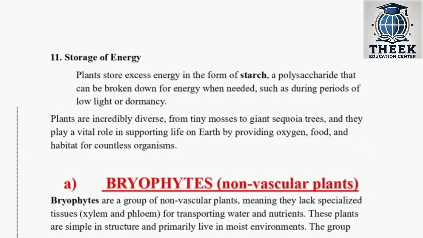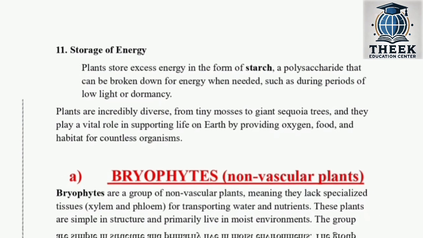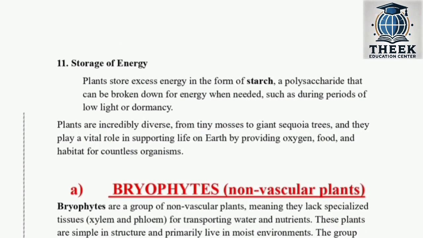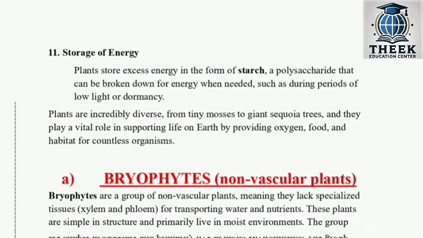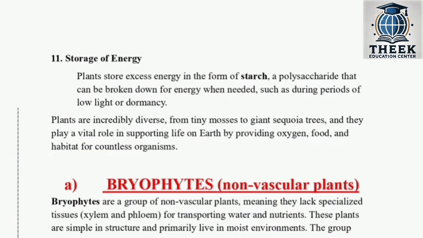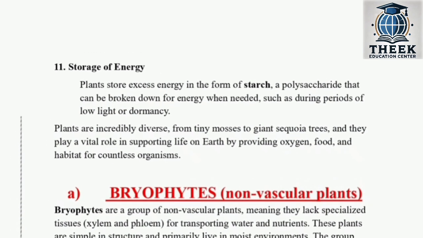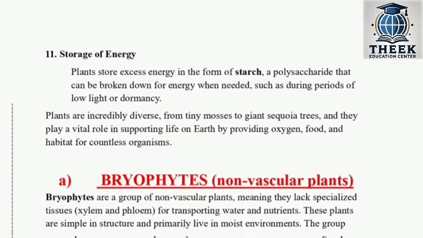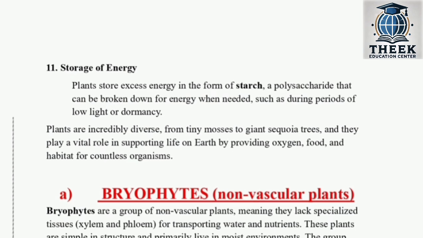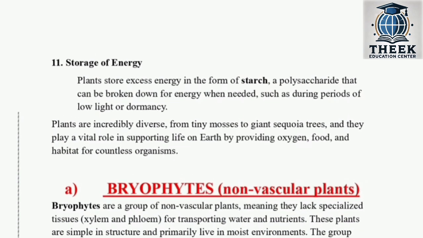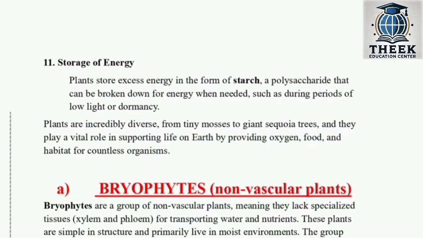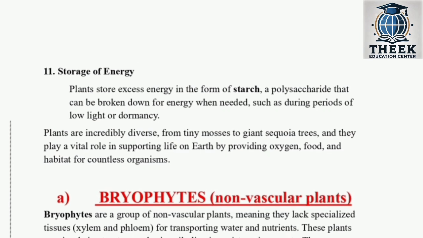Number 11, storage of energy. Plants store excess energy in the form of starch, a polysaccharide that can be broken down for energy when needed, such as during periods of low light or dormancy.